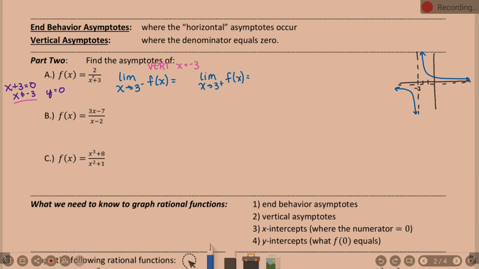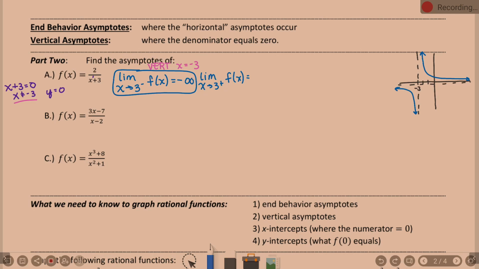The limit as x approaches negative 3 from the negative side, or as I say, from the left. What's that going to be? Negative infinity. Do we agree or disagree? As we approach negative 3 from the left, where's my graph going? Down. It's going down. Negative infinity. Agreed. Okay.